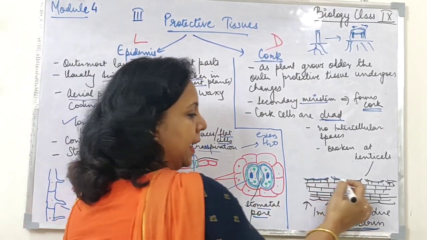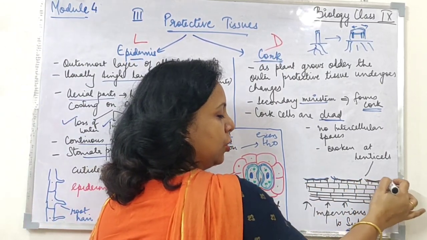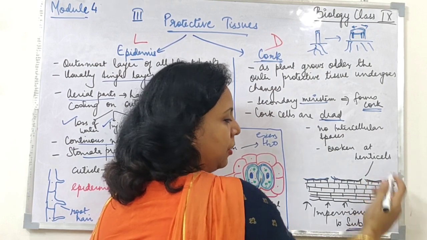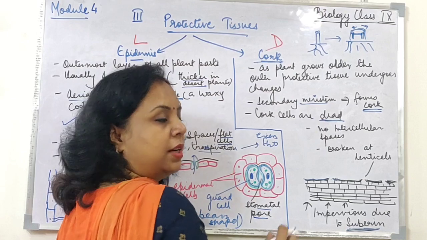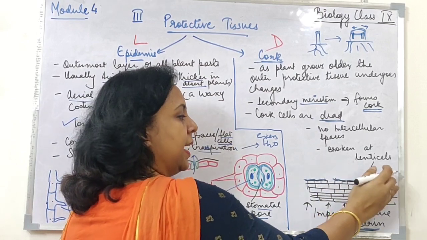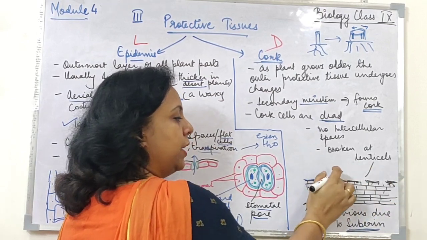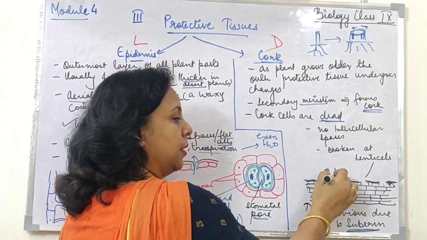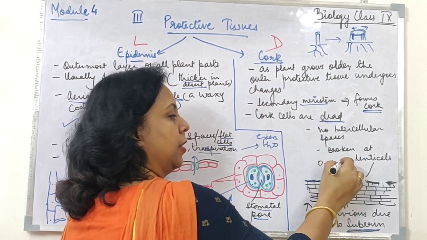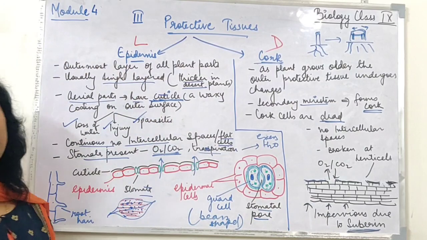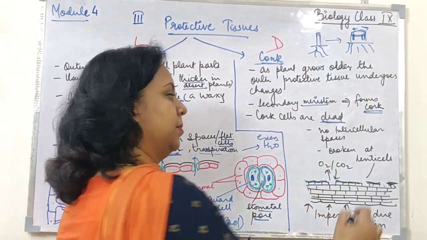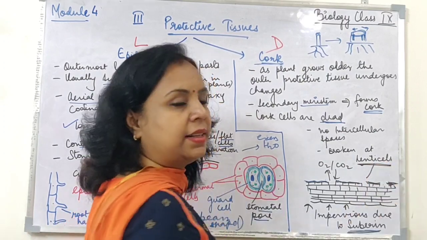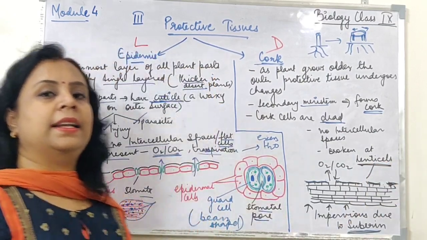On the outer side, this cork, because from the inner side new cells are being added, they become broken at places. If you see, they get ruptured, and over here the exchange of gases is possible, and these places where it is ruptured, they are known as lenticels.